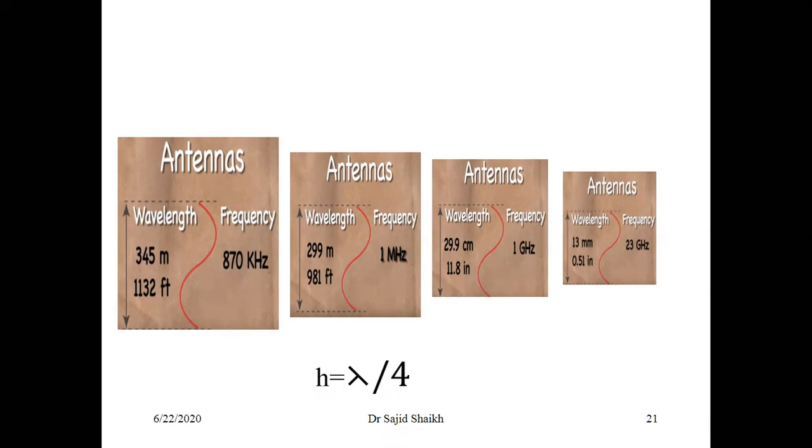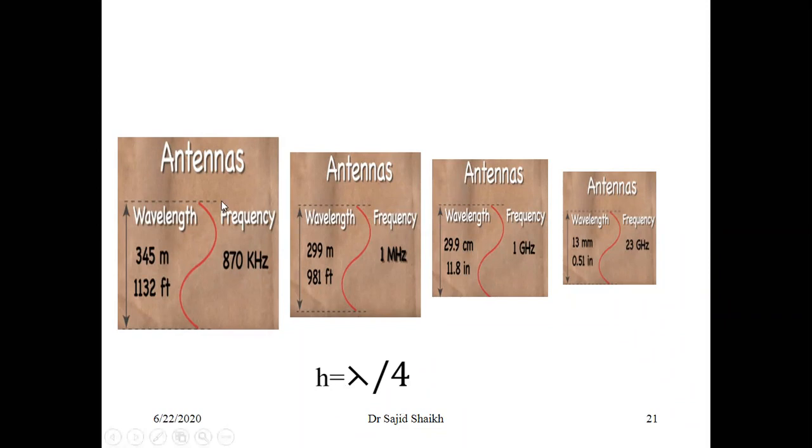We also know that C is equal to lambda times F. So the height of the antenna is directly proportional to the wavelength, or in other words, the height of the antenna is inversely proportional to the frequency. How can we justify that?